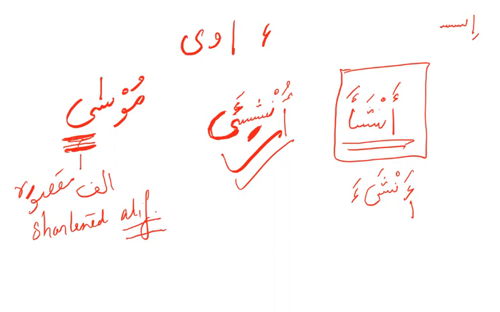If the hamza has a fatha, we write alif under it. If it has a dhamma, then we write a waw. And if it has a kasra, then we will have a ya as a chair. Okay, Jazakallah khairan.